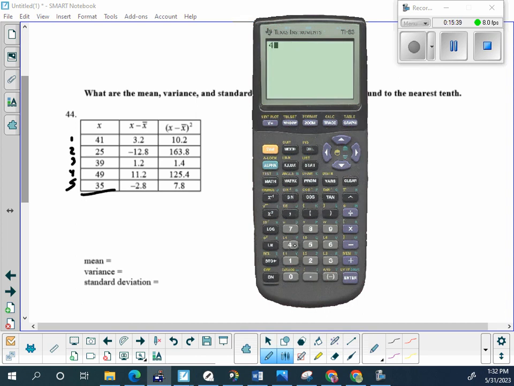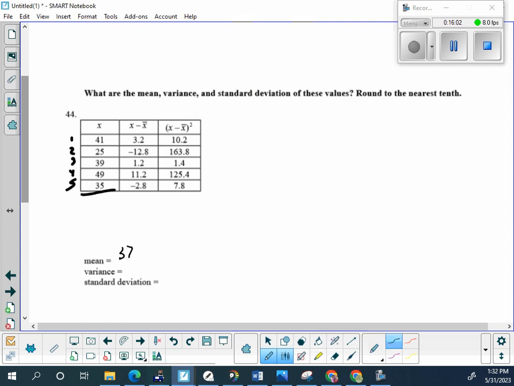So I'm going to do 41 plus 25 plus 39 plus 49 plus 35. Double check your work. I got 189 divided by 5, and I get 37.8 for my mean. And that is the correct answer for that.